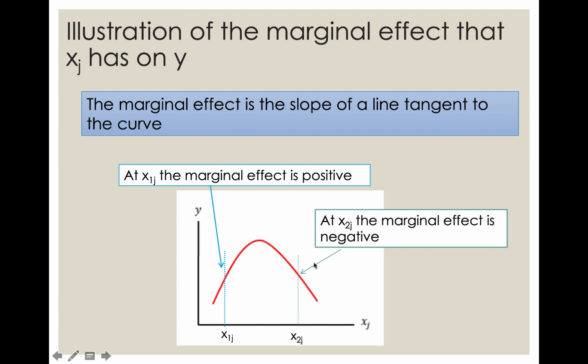Okay, so here's what it looks like. If we look at x1j, the marginal effect is the slope of a line tangent to this point right here. That's what the partial derivative does for us. And then we can see that here it's positive, here it's 0 at the very top, and then here the partial effect is negative.